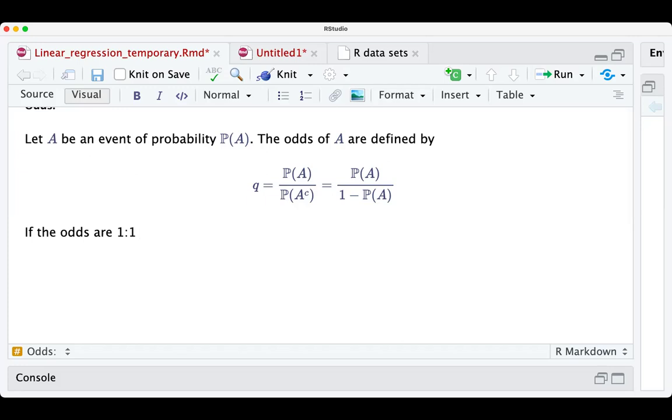If the odds are in your favor, what does it mean, for instance? If the odds are 1 to 1, equal to 1, what does it mean?